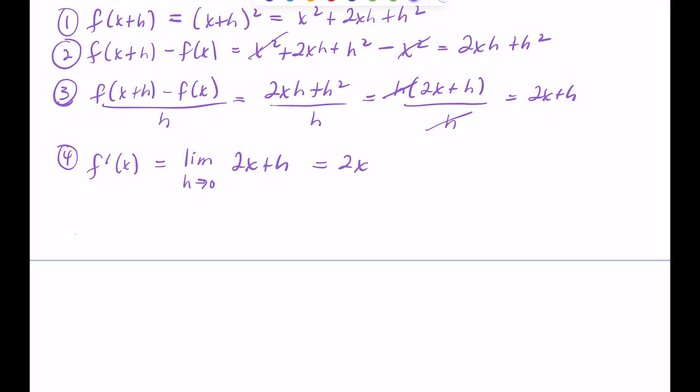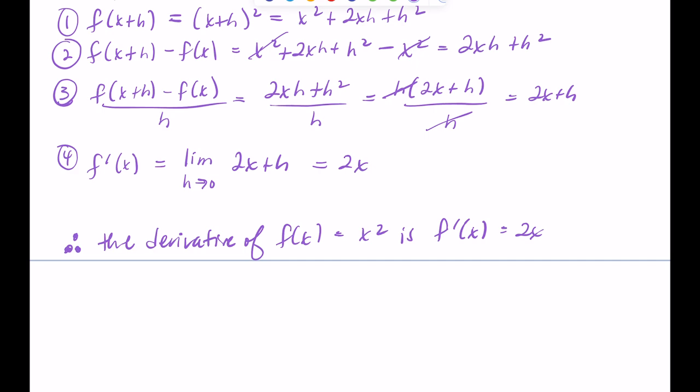So therefore, the derivative of f of x equals x squared is f prime of x equals 2x.